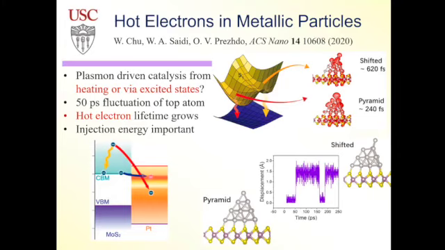But people always wonder whether it's some excited state process or it's just heating, because you have a metallic particle. When you have a metallic particle, it has no energy gap, and when you have no energy gap, usually within a picosecond or several picoseconds, all the electronic excitation energy goes to heat.